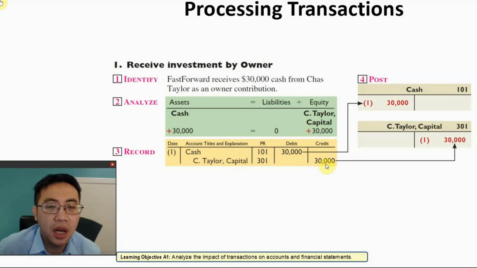Capital increases, that's a credit, and it's an equity. And then we have to post each individual item on a general ledger. So under the cash ledger, we put a debit of $30,000 for this activity. And on the ledger of the capital account, we put $30,000 on the credit side.